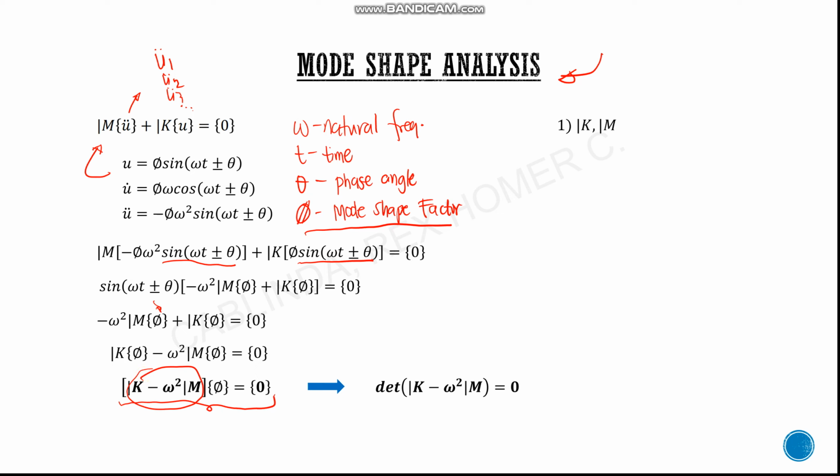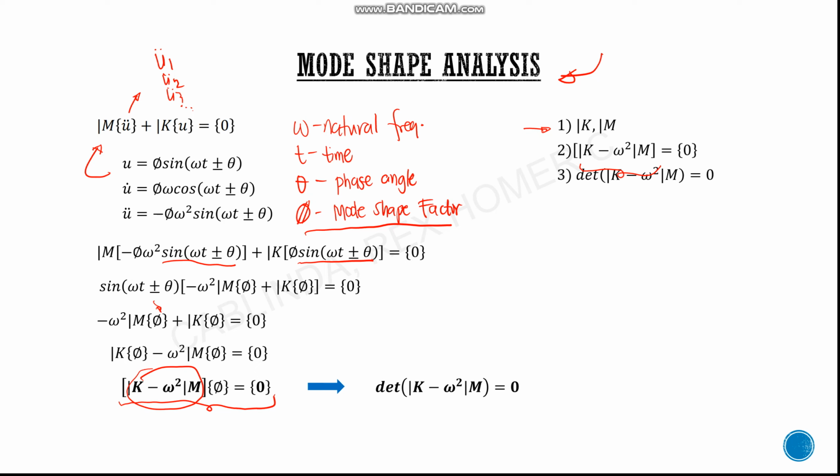These are the steps that we are going to take in the mode shape analysis. First, we need to get the stiffness matrix and the mass matrix, and then get the difference, the stiffness matrix minus omega squared times the mass matrix.